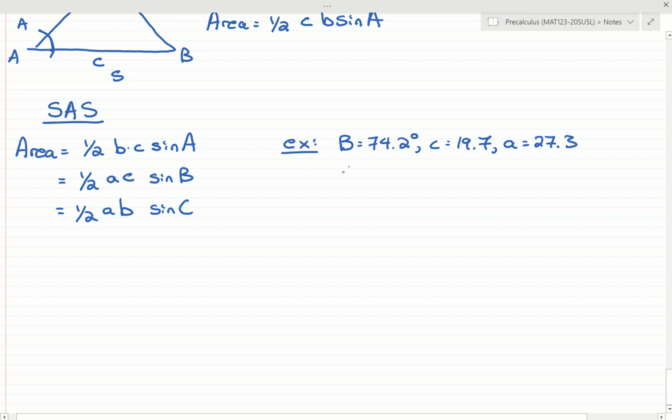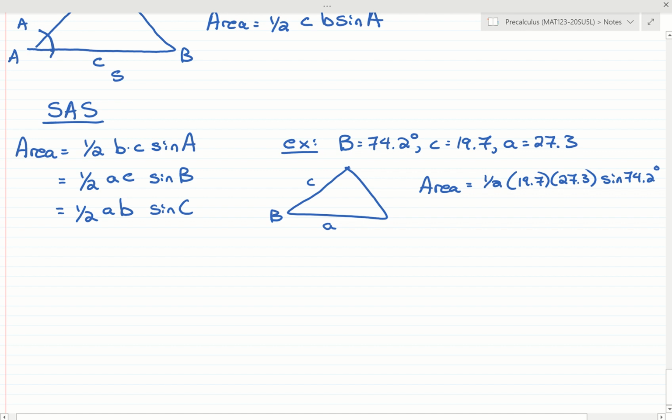If we were to draw it out, here's angle B, and we would either have side C here or A, or they would be switched. Well, very simply, the area of this triangle, because it's in side angle side form, would be 1/2 of 19.7 times 27.3 times the sine of 74.2 degrees. The formula that we used was this one with angle B in it.